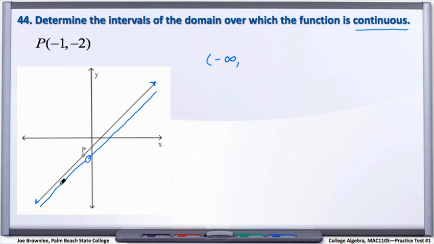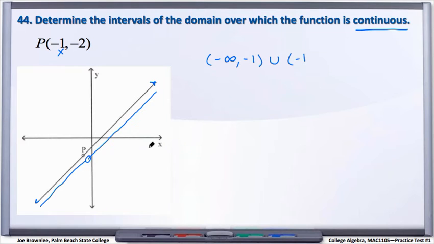The x value is getting bigger until we hit this point P, and the x value from this point P is -1. And because it's an open circle, we're saying do not include that x value of -1 as part of the domain, so we have to use a set of parentheses to close this particular interval.